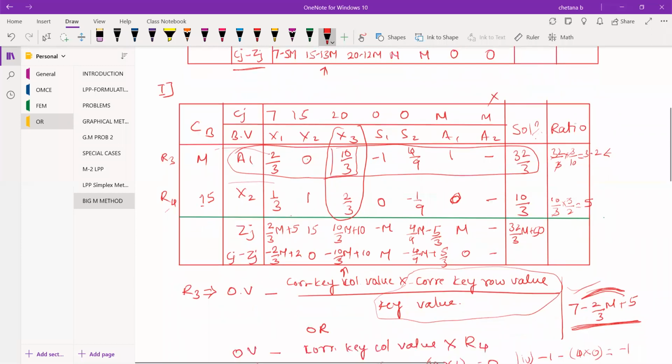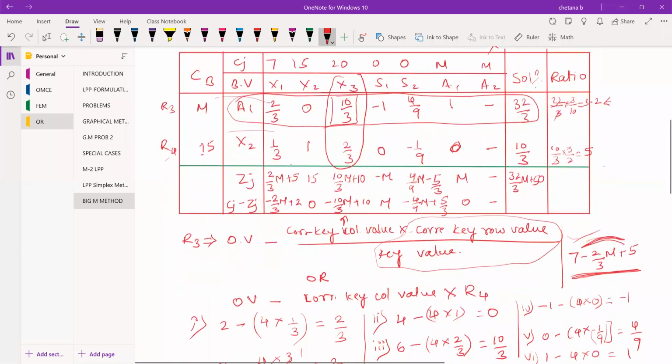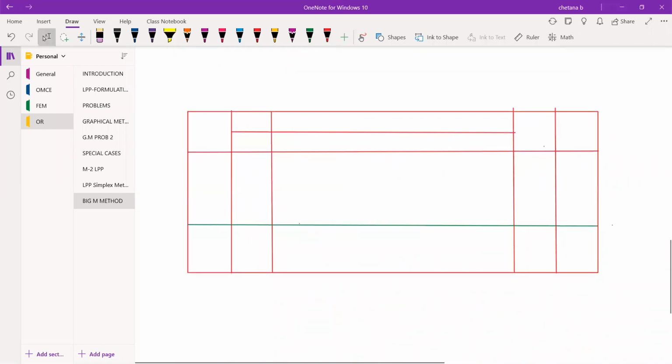Now comes the next part, that is the next table.